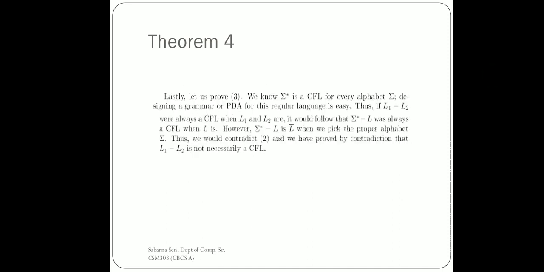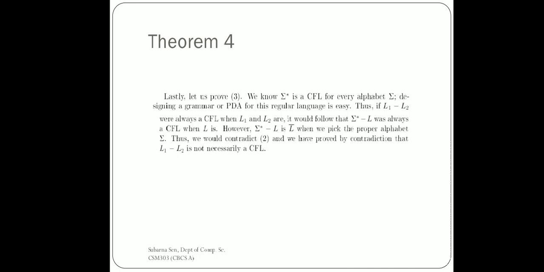Okay, lastly, we know that sigma star is a CFL for every alphabet sigma. Now if L1 minus L2 were always a CFL, it would follow that sigma star minus L was always a CFL, right?